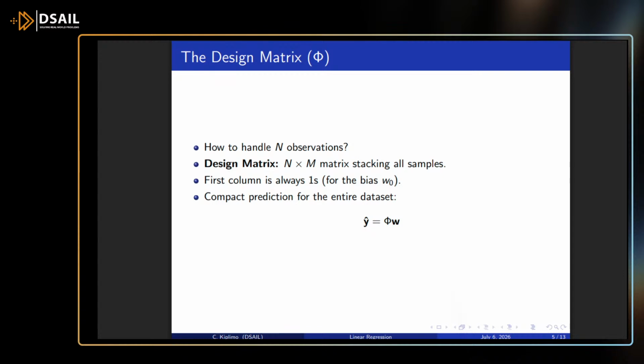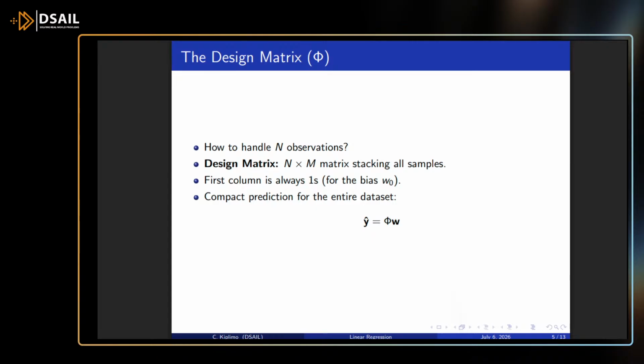So we can create, let me just put it like this. You're going to have the first column 0, 1, 2, all the way to m.